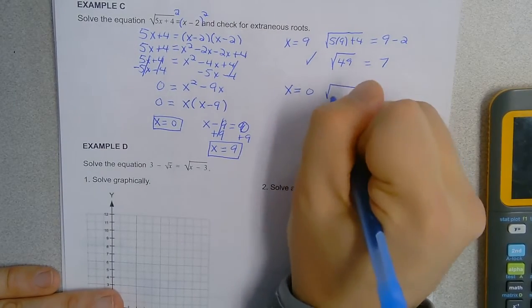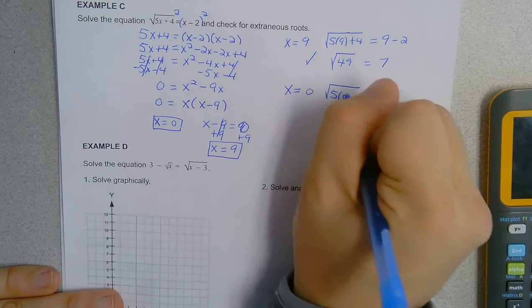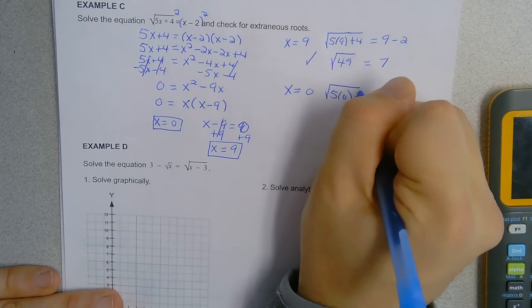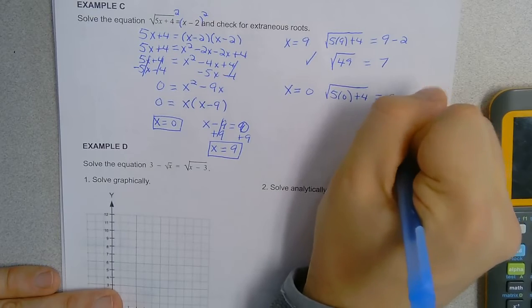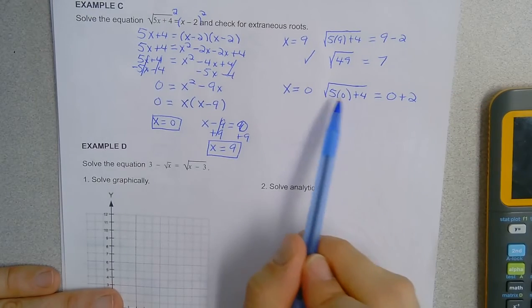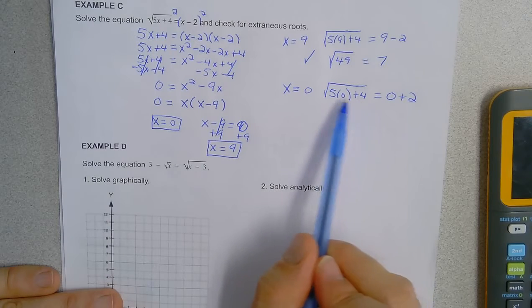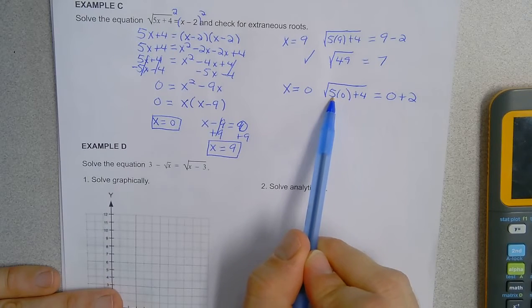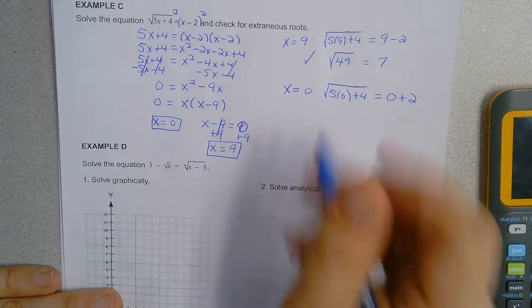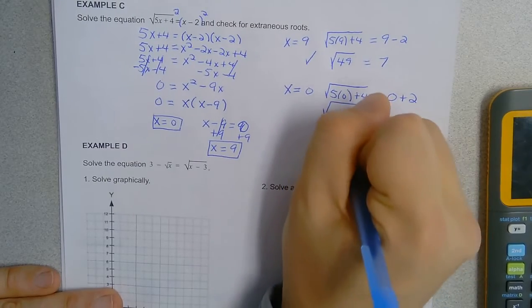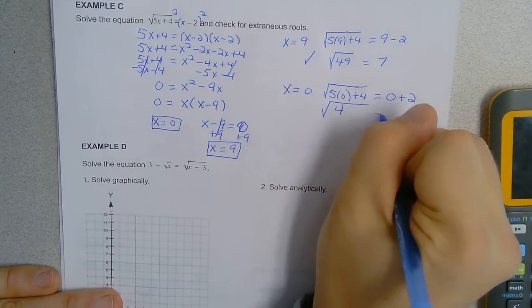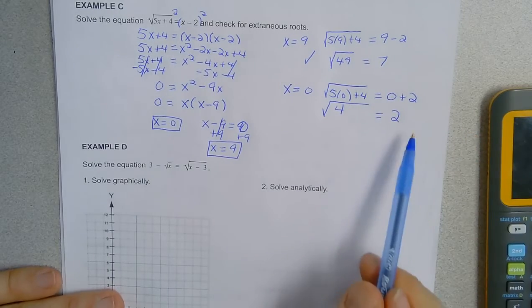So in checking that, 5 times 0 plus 4, and then we'll see if that's equal to 0 plus 2. So I'm looking at that. 5 times 0 is 0, and 0 plus 4 is 4, and the square root of 4 is 2.